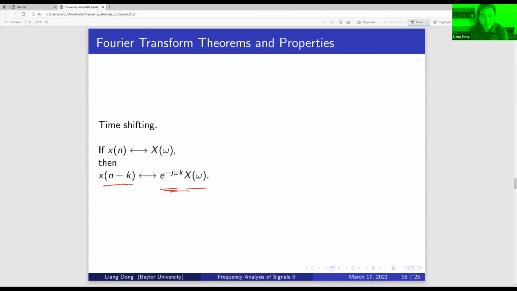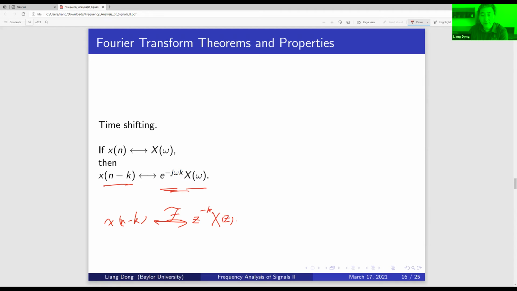Remember what we have in Z transform. Okay, if I'm doing a Z transform, what do we have here? That is X(z) times something, right? Times z to the power negative k, right?